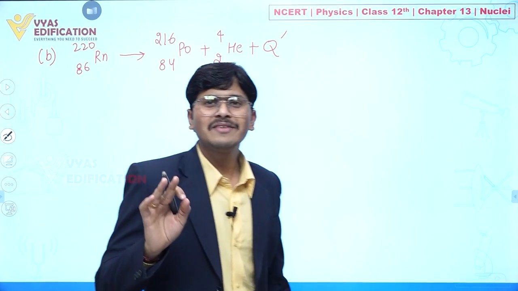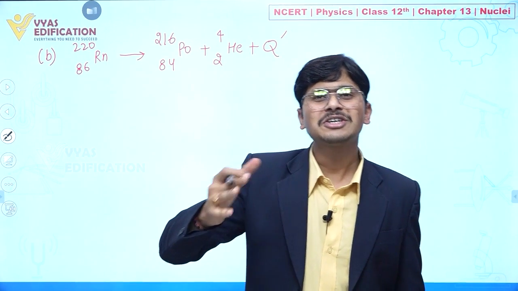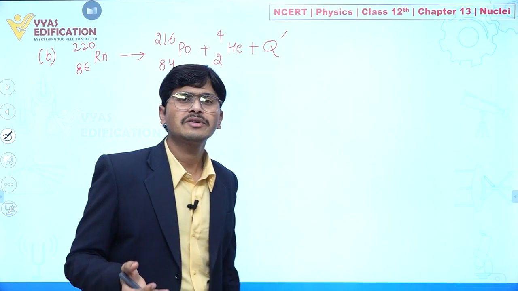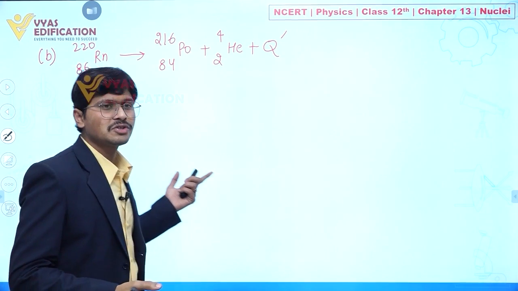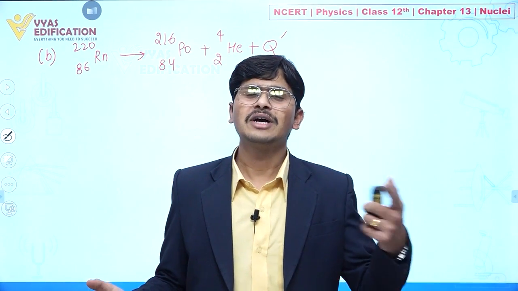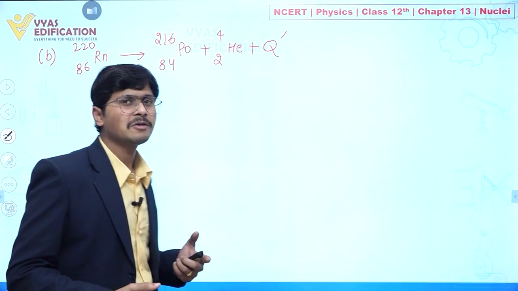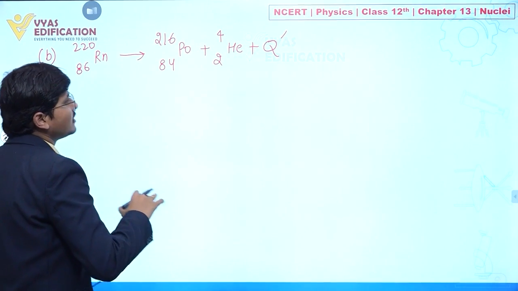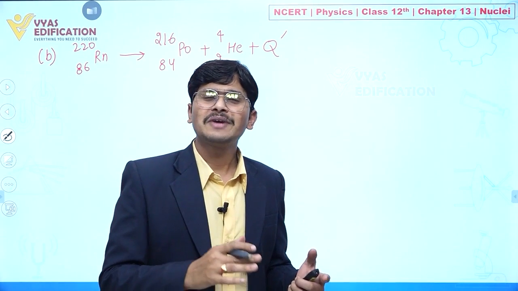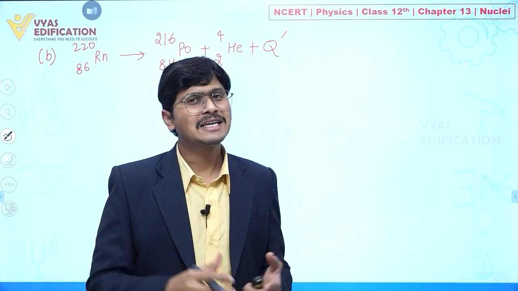Now I will not write the subtraction of an electron, because there is no positron emission, or any absorption of an electron taking place. So you will find the same equal number of electrons, and they will be cancelled out at the end.